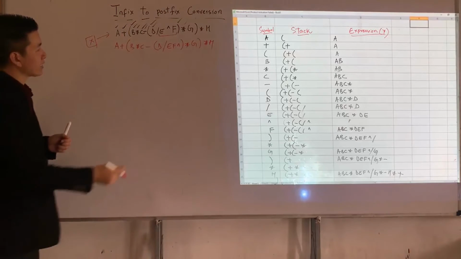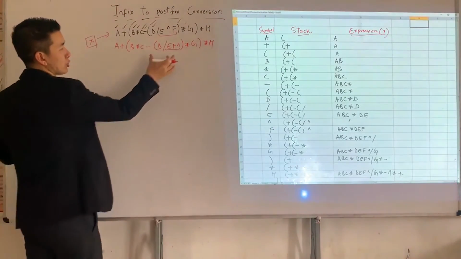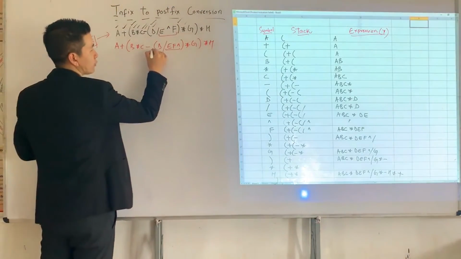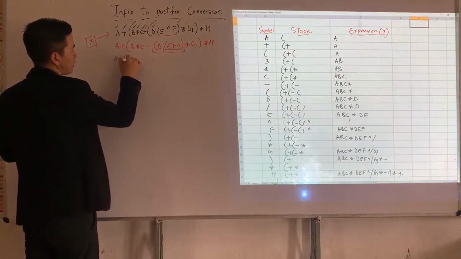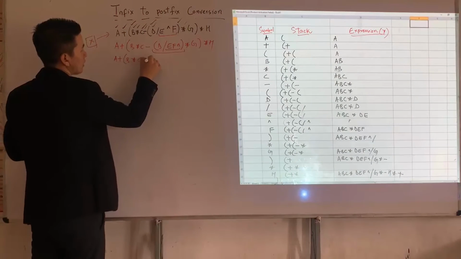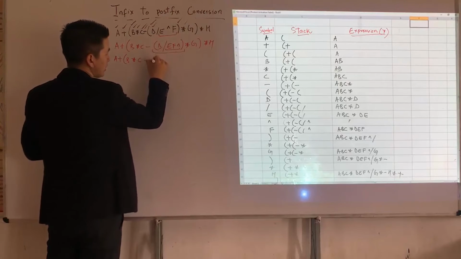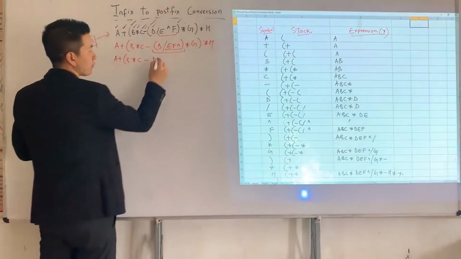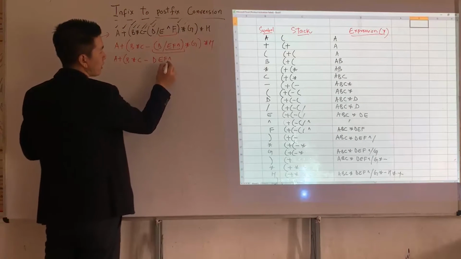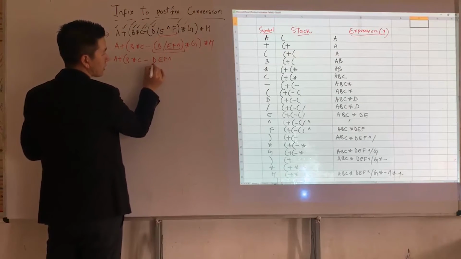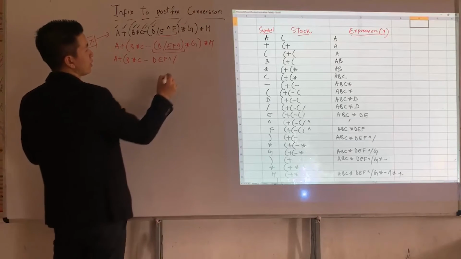Now next up, this is one operand. This is the innermost bracket, so I'll have to evaluate this. So you will have A plus B into C minus. Just try to convert this. D is the first operand, and then E, F, exponentiation. This is the second operand, this is the first operand, and then you have the operator, alright?